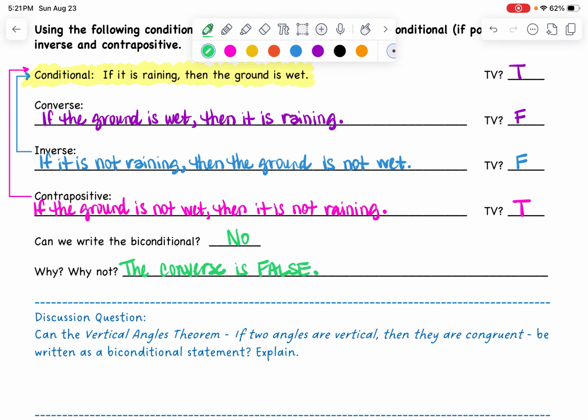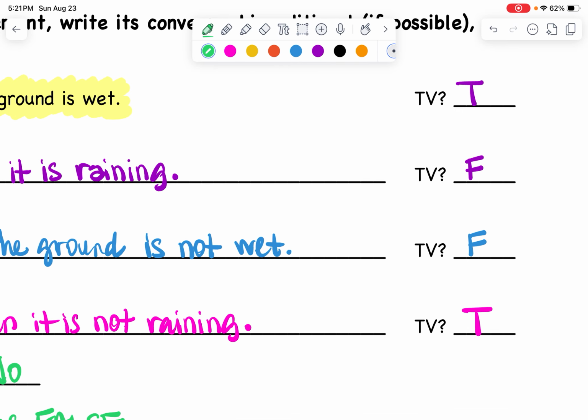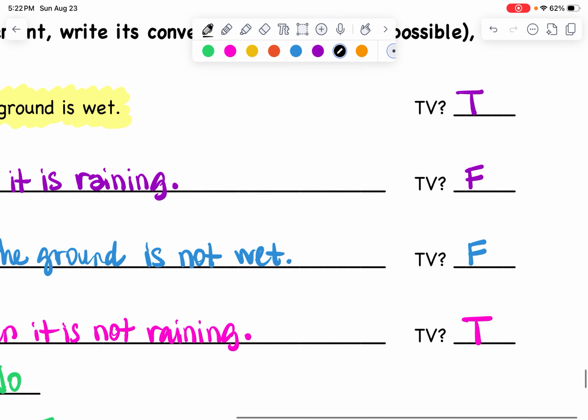Now, if you're still stuck on this true-false, and you do not understand why some of those are true or false, I'm going to give you a helpful hint. Whenever you do conditional statements or logic statements, the converse and the inverse will always have the same truth value, always.